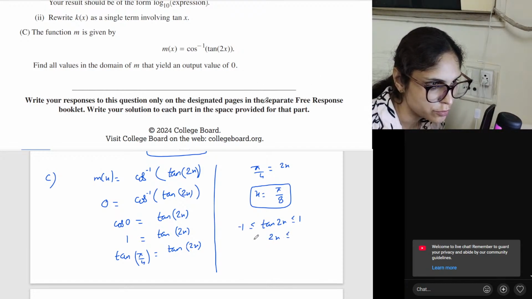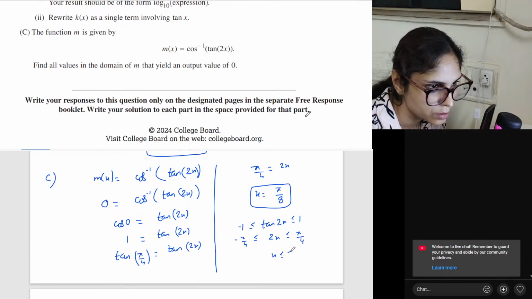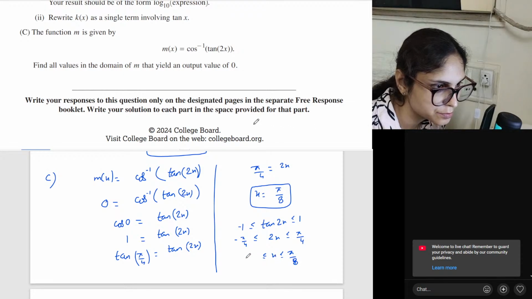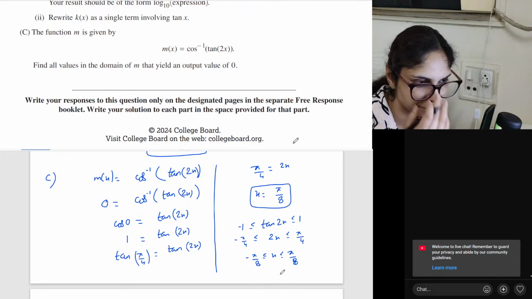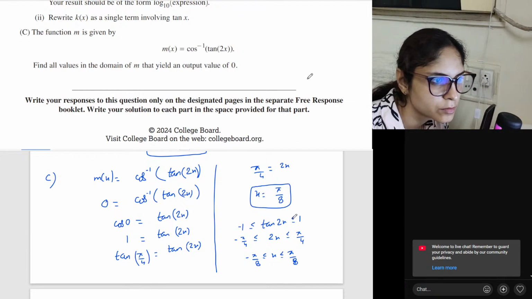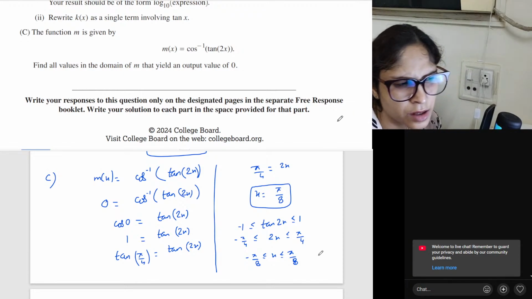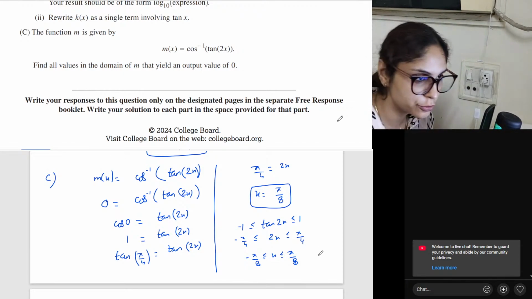That means 2x should be from pi over 4 to negative pi over 4, we can say. That means x can be from pi over 8 to negative pi over 8.